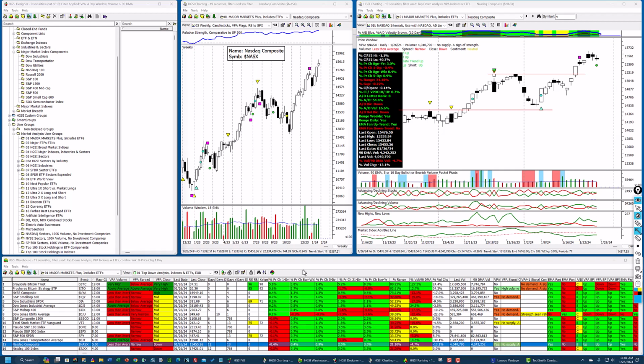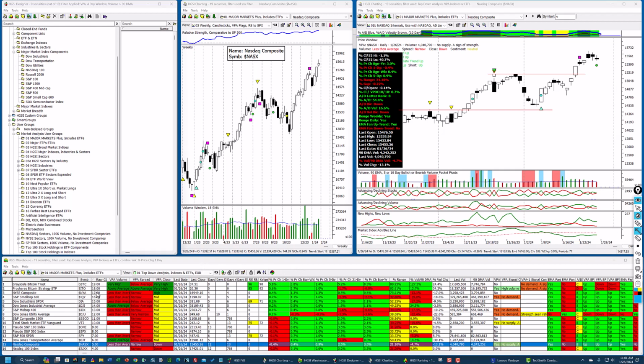Now looking back down here, you can see that many of the indices or indexes were positive. There was activity and strength in the Bitcoin arena. And I have a couple of ETFs in here, a trust and an ETF, just to track where the strength was, and that we saw some strength on Friday.